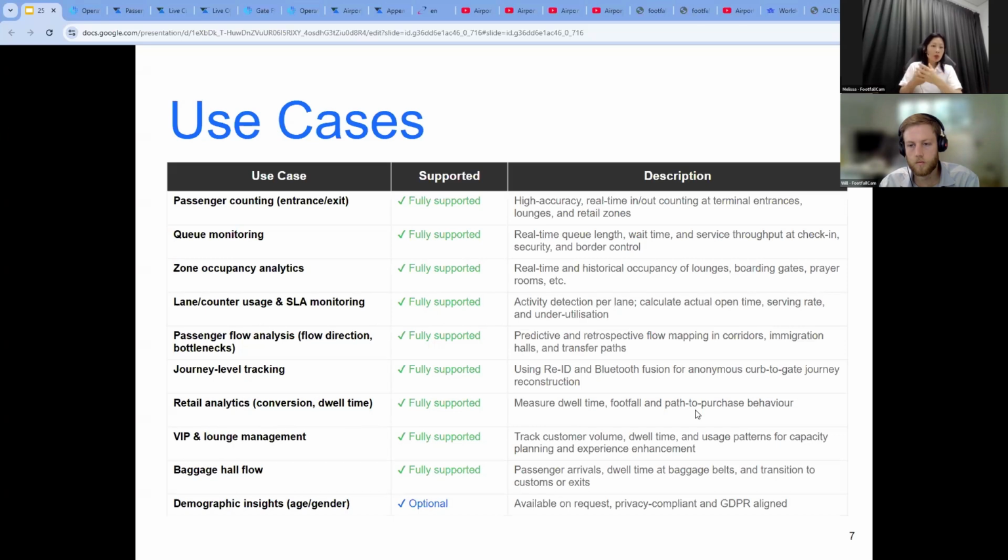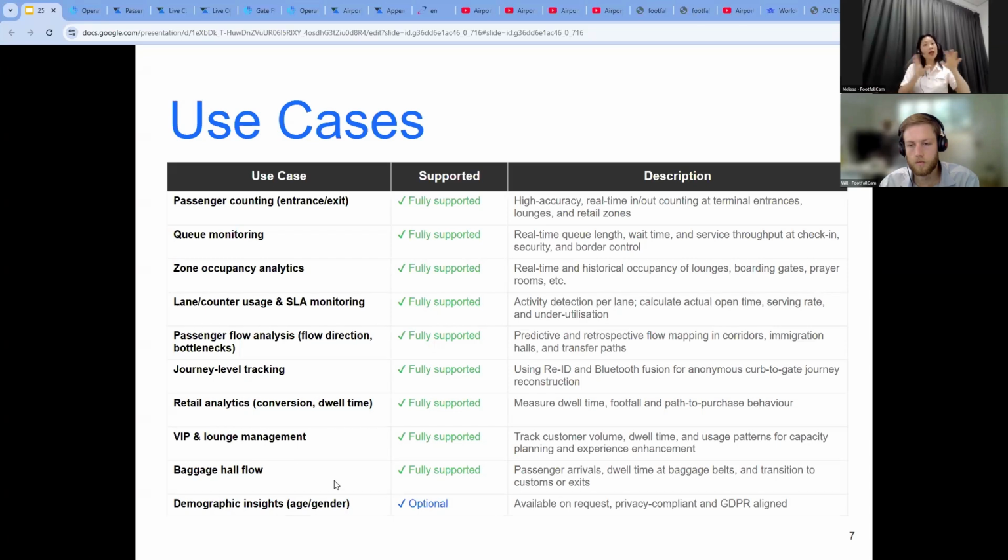So helping the operators and tenants to make informed decisions. VIP lounge management. So for premium passenger segments, we track the volume, the dwell time, the usage pattern, and the capacity planning in the lounges. So enabling a better experience design and capacity utilization.